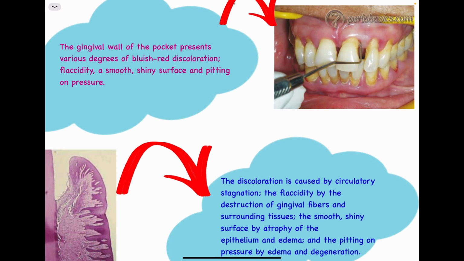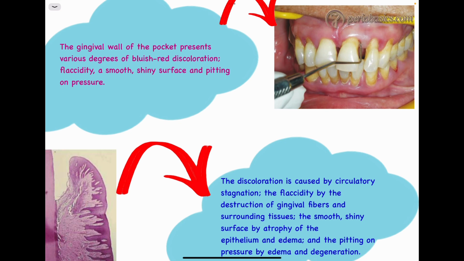As we have studied, there is a bluish red discoloration. This discoloration is because of the circulatory stagnation. The flaccidity, or the lack of firmness, is basically due to destruction of the gingival fibers as well as the surrounding tissues including the periodontium.